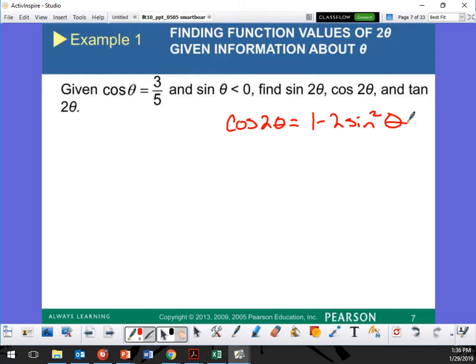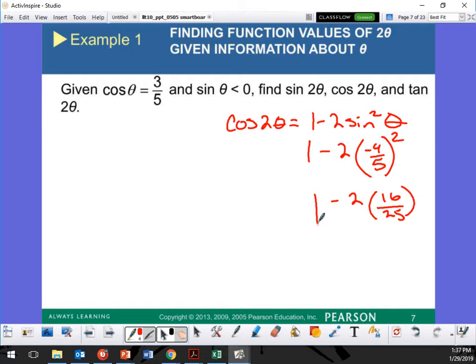So, on the right-hand side, it's going to be 1 minus 2 times, what was sine? Negative 4 over 5, right? So it's negative 4 over 5 squared. So it's going to be negative 2 times 16 over 25. And then 1 minus that.